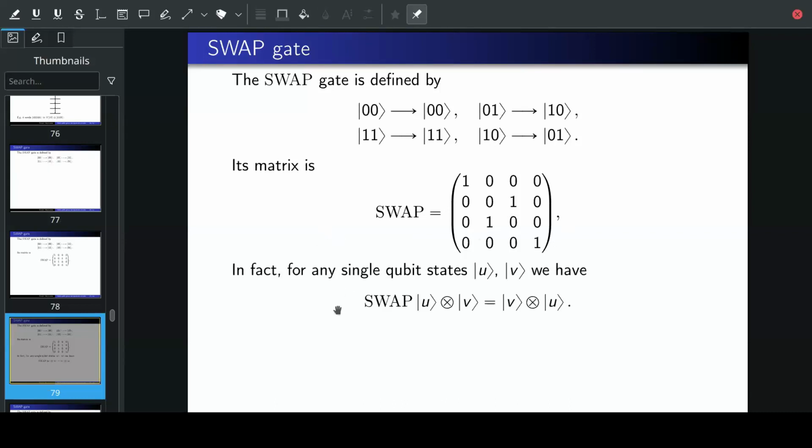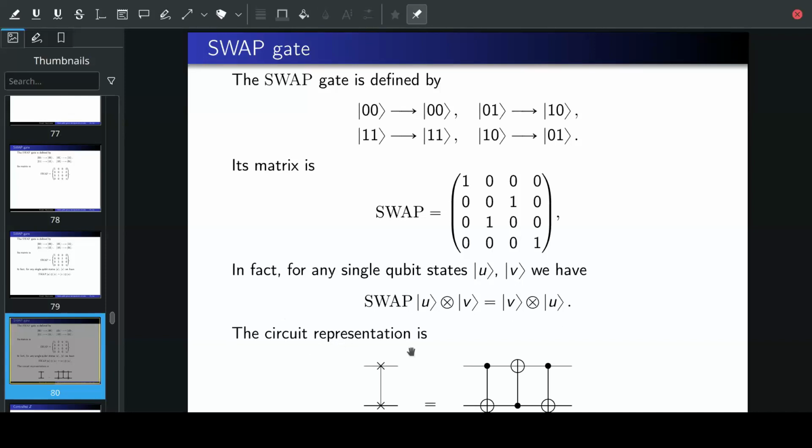Now, in fact, we can use linearity of the tensor product and prove that for any single qubit states U and V, this swap operation swaps the tensor product of these two vectors. So U tensor V becomes V tensor U, for any states U and V.